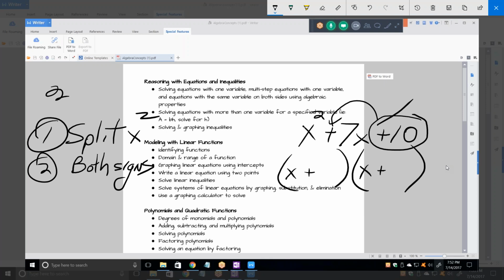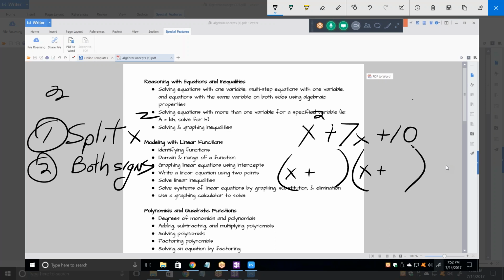Okay? Step 3 is actually pretty simple. It's factors of 10 that add to the number 7. Well, tell me what factors of 10 add to 7.